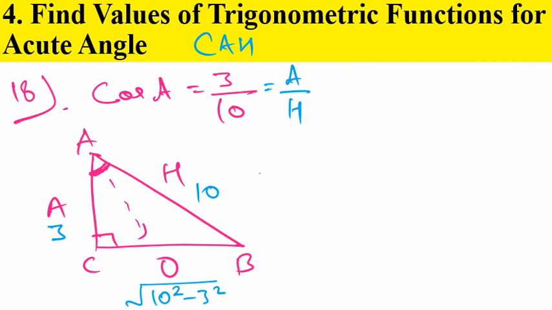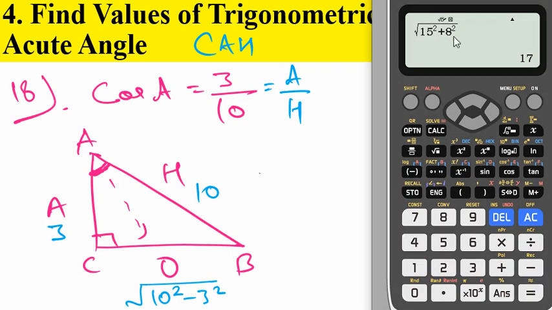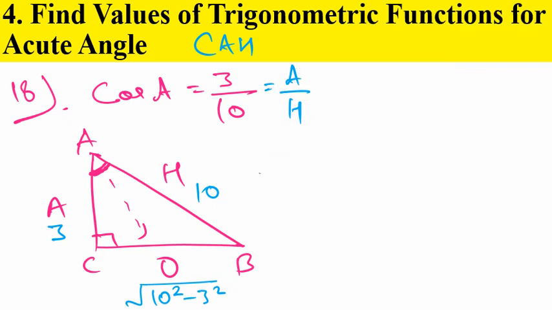Let me just quickly solve it for you guys. Square root of 10 squared minus 3 squared. If we solve this, we get the square root of 91. You don't have to simplify this, you can just write the square root of 91. Now let's find the remaining.